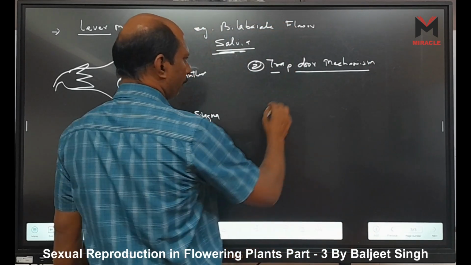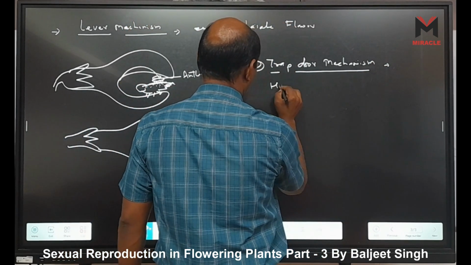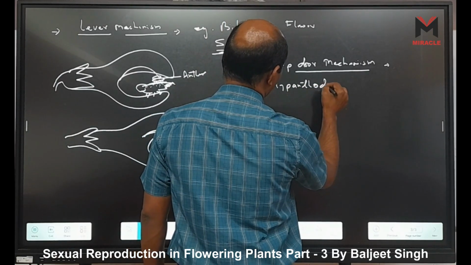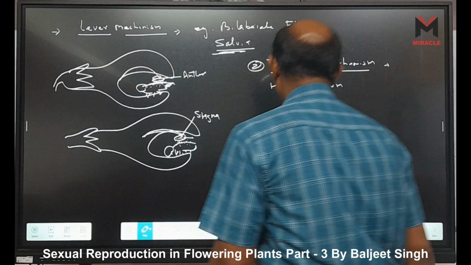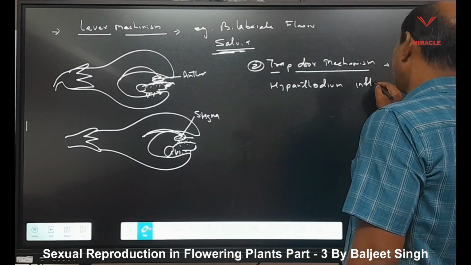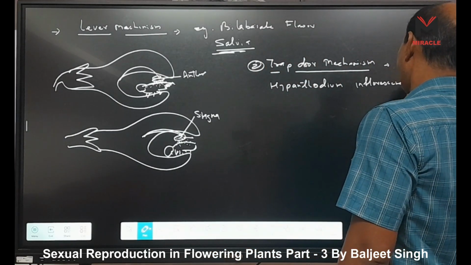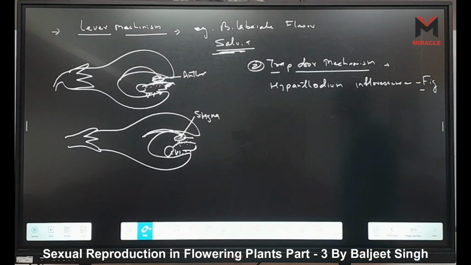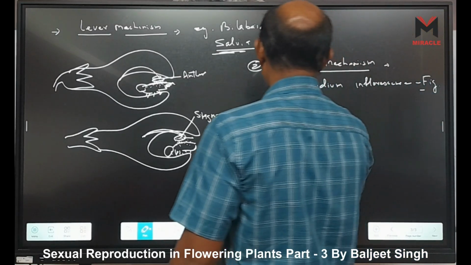Trap door mechanism is present in which? Hypanthodium inflorescence, which is present in the fig family. Ficus family, right? Ficus family.